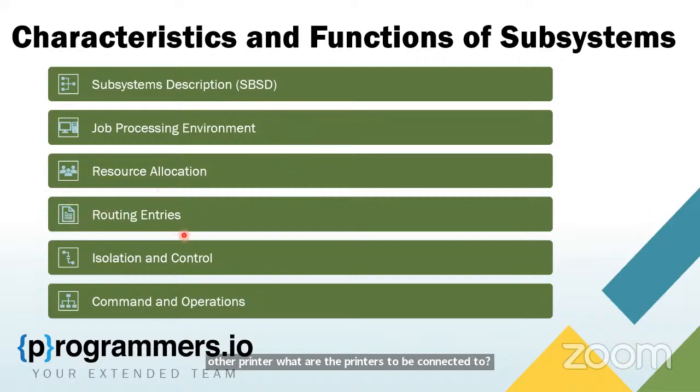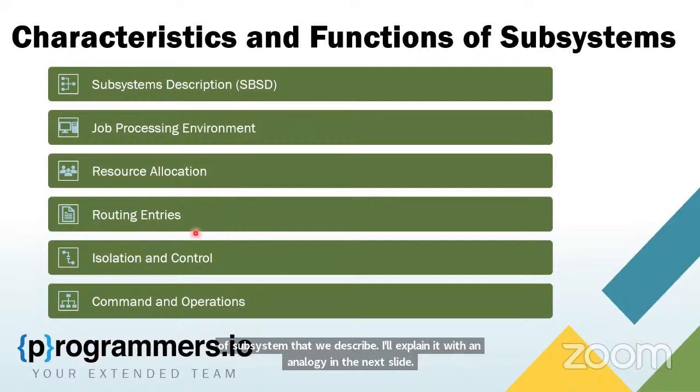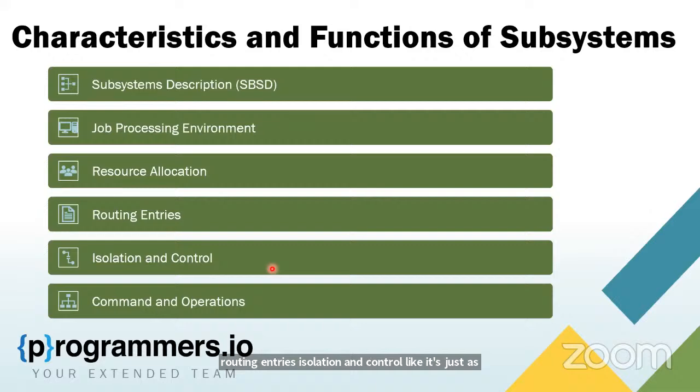And as I said, routing entries are the rules, like different subsystems process all the jobs in the subsystem in different methods depending on the kind of subsystem that we describe. I'll explain it with an analogy in the next slide. Then isolation and control: it's just a closed environment within which all the jobs run.